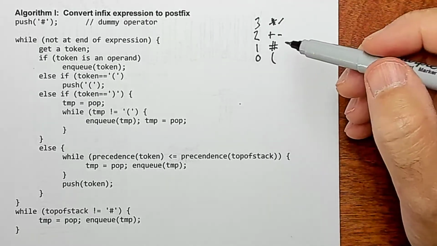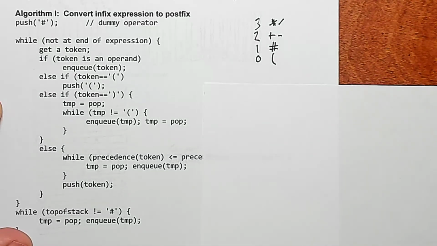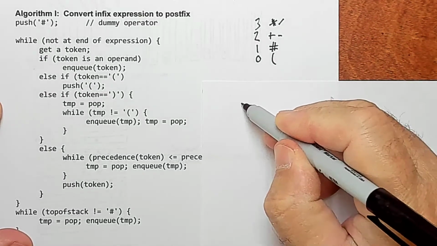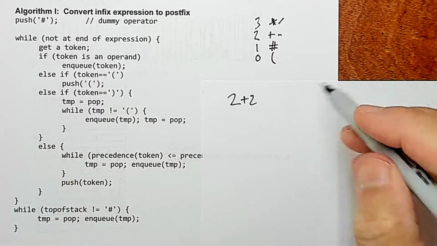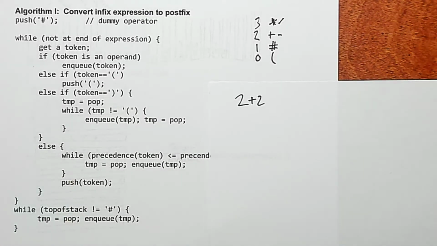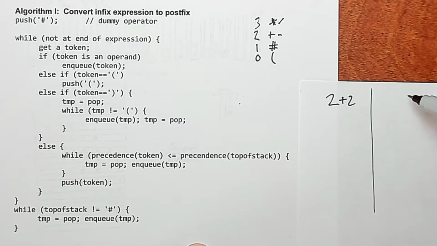Let's do 2 plus 2. We're trying to convert this into 2 2 plus, which has a value of 4.